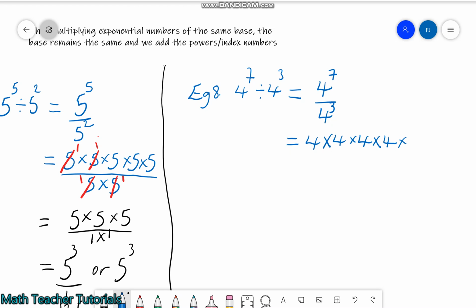That's 4 times 4 times 4 times 4 times 4 times 4 times 4.